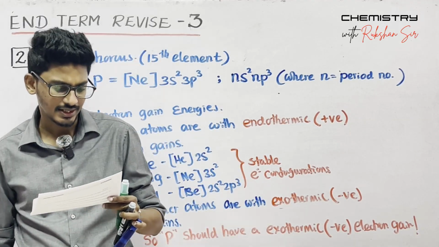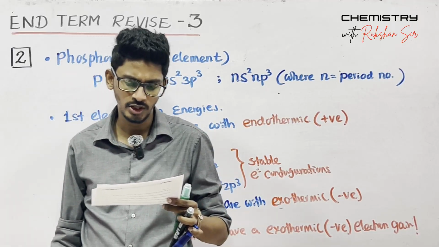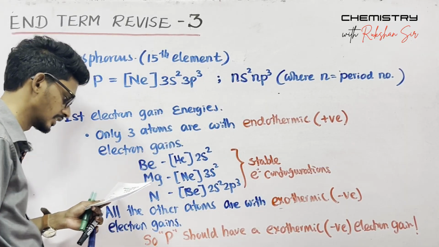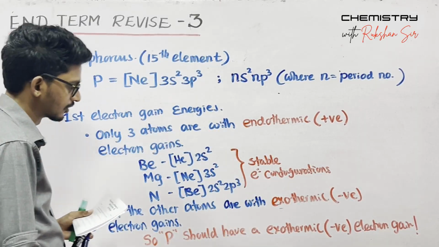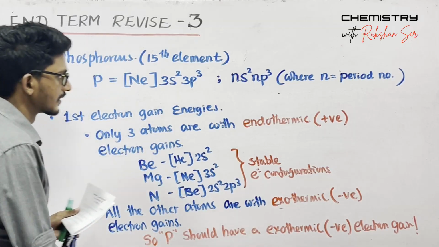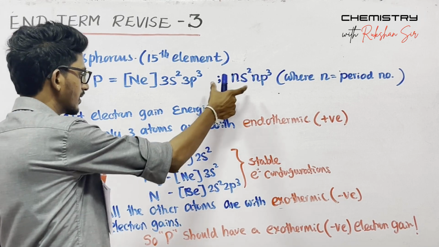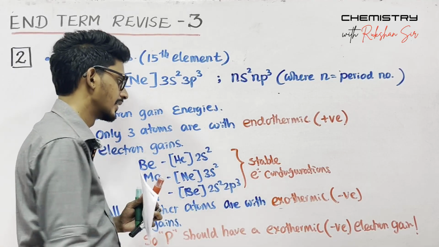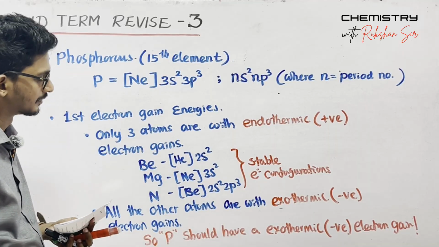Let's see what that statement says again. Even though phosphorus is with ns2 np3, a somewhat stable configuration, still its electron gain energy is exothermic. Yes, the statement is true. It comes with an exothermic, negative first electron gain.